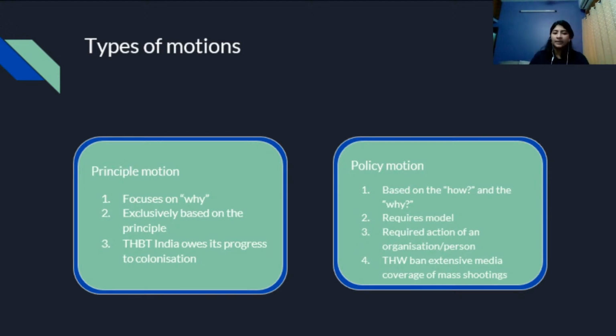For example, this house believes that India owes its progress to colonization. In such cases, you have to explain why colonization helped India, or why it was good. And as an opposition side, you have to explain why it did not help India, why it was bad. That is a principle motion.